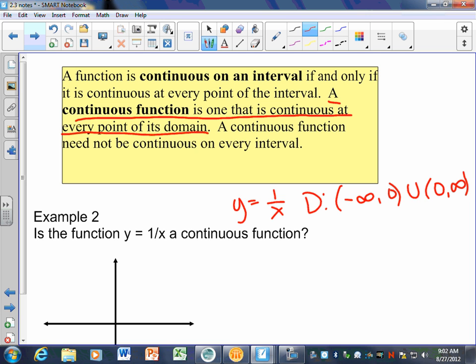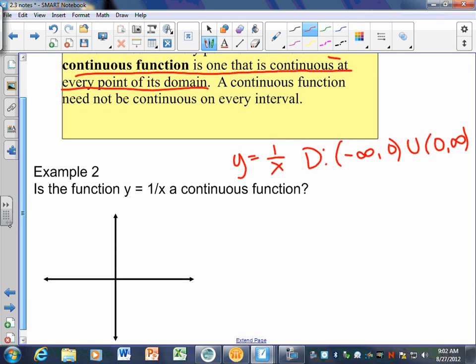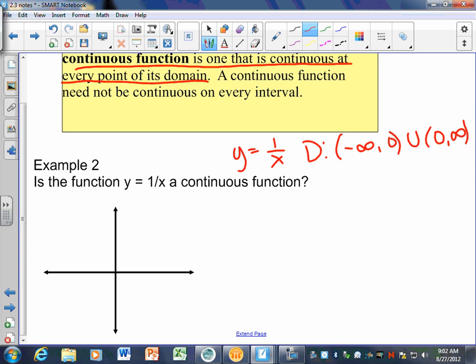We should know what the graph of this looks like. If I pick like 1, I get 1, and 2, I get 1/2 and 1/3. If I pick a fraction, it's going to go up, so it's going to kind of look like this. And if I pick negative numbers, I'm going to get the same thing, but it looks like this.